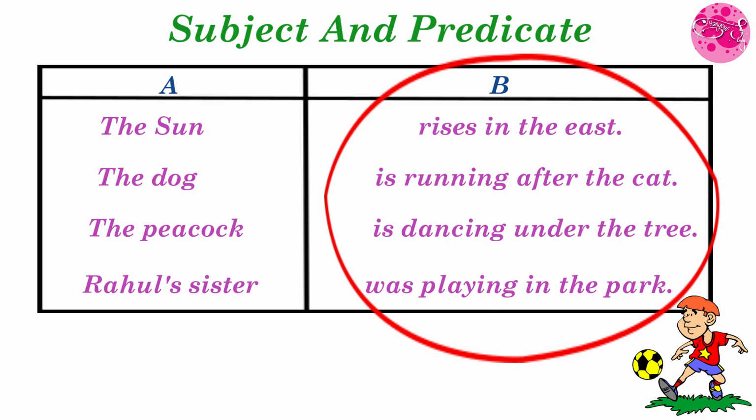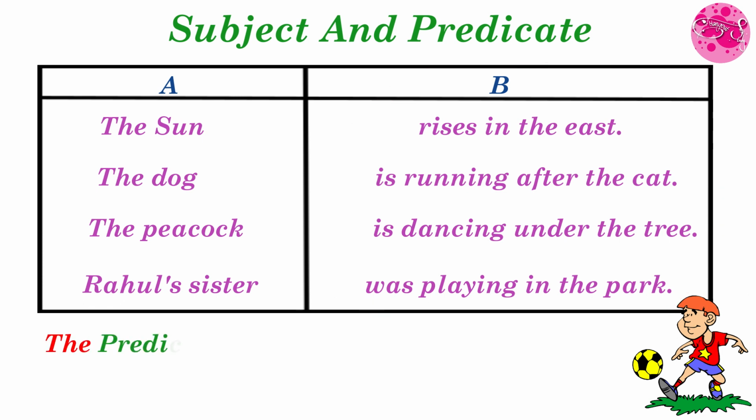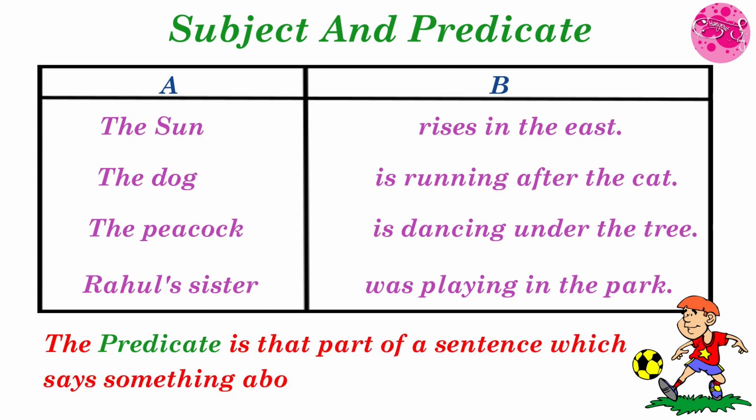Rahul's sister was playing in the park. Yes. So these parts, rises in the east, is running after the cat, is dancing under the tree, was playing in the park, are called the predicate. So children, what is predicate? The predicate is that part of a sentence which says something about the subject.